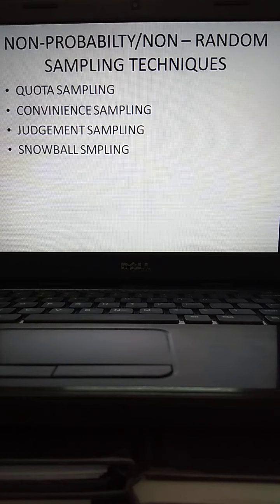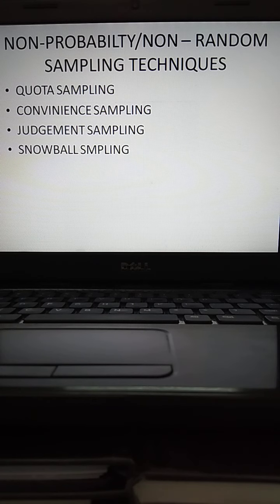Here, the sampling units are selected based upon the judgment or opinion given by the selector. Under snowball sampling, the first units will be selected based upon the researcher's opinion. Again, those units will be asked to collect related samples.